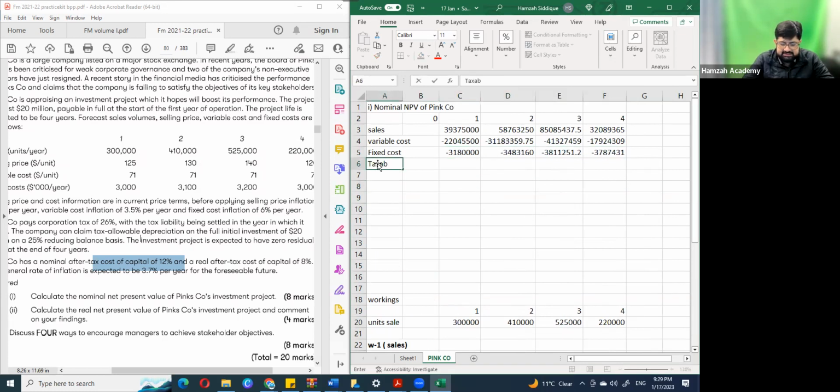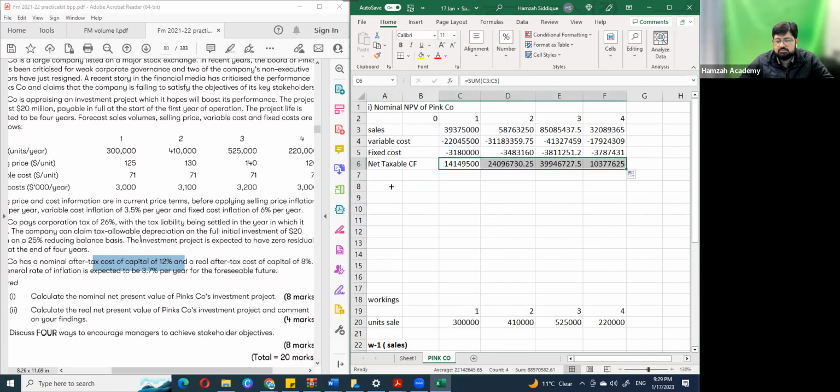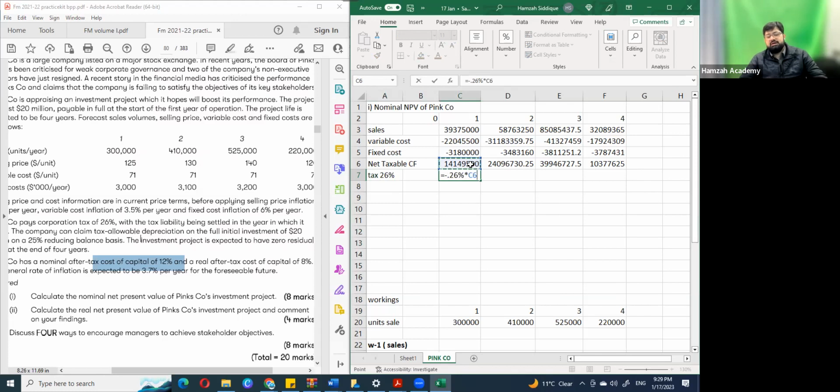Now, net taxable cash flows. Simple as that. Tax payment, 26%. So it is in the same year, negative 0.26 into tax payment in the same year.